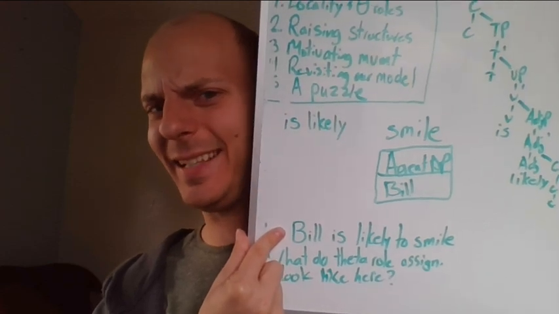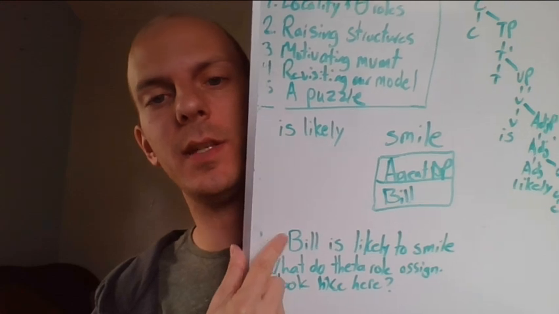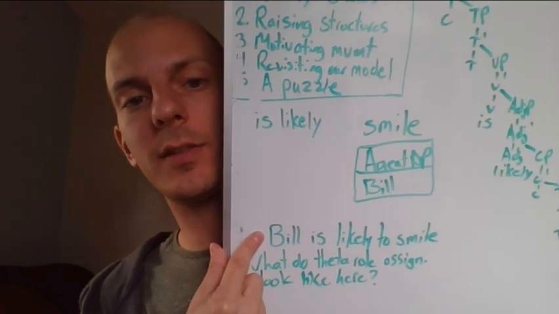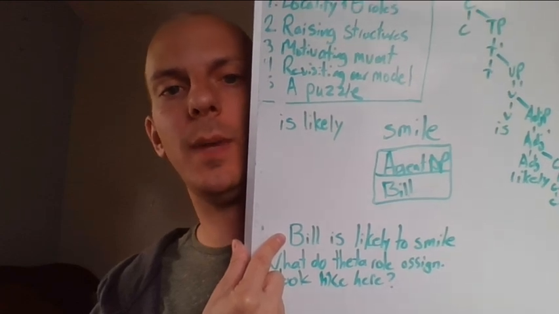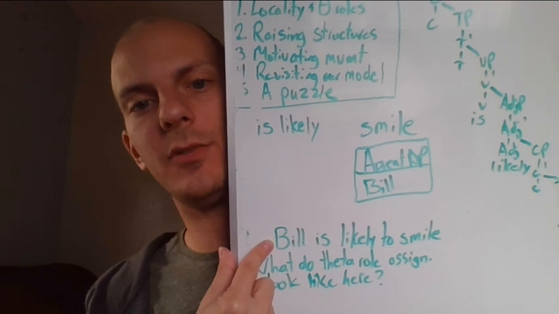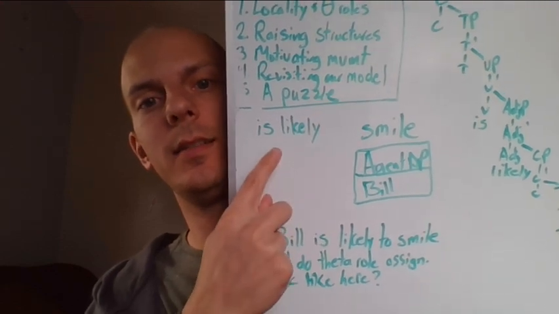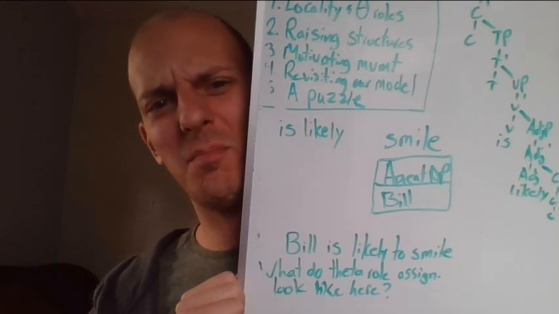Is Bill what's likely? It seems that way, in some sense, because Bill is in what looks to be, we haven't drawn the tree yet, but we might think on a first pass, and you'd be right, Bill is in the structural subject position of this predicate is likely. So maybe Bill is the agent of is likely, Bill is likely.